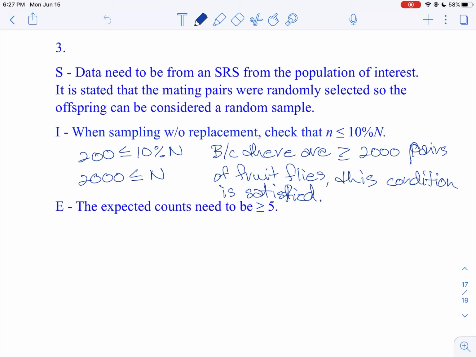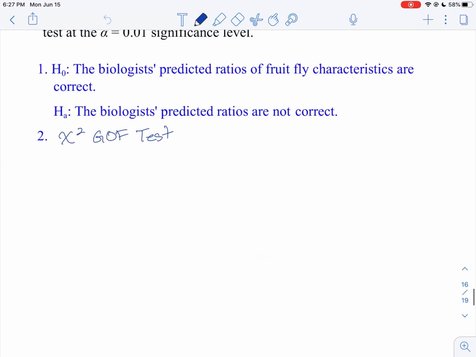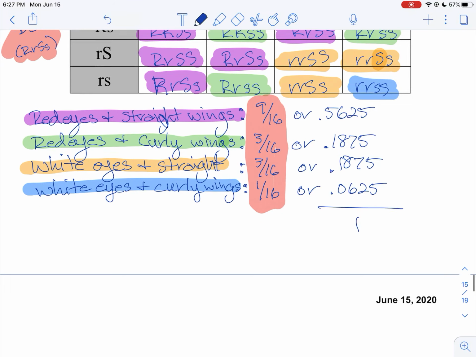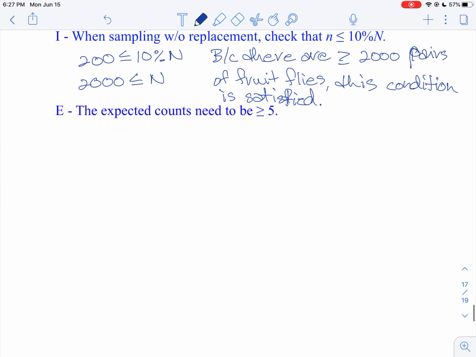Okay, so then all the expected counts need to be greater than or equal to 5. So we have to take our sample size, which was 200, and multiply times each of the proportions or probabilities. That was what we got from the Punnett square, right? So we need to write down our expected counts for red eyes and straight wings: 200 times 9 out of 16.